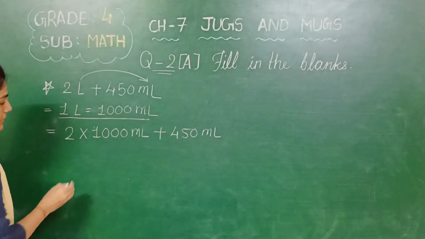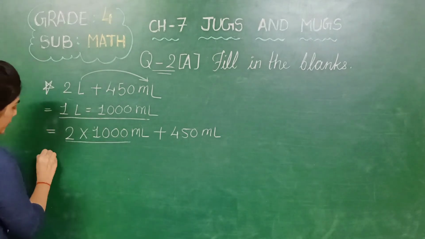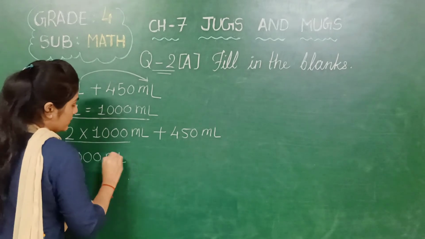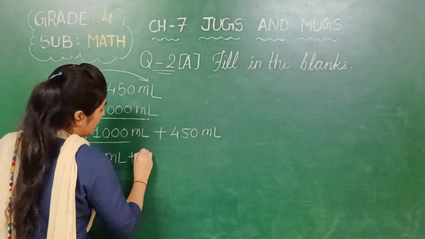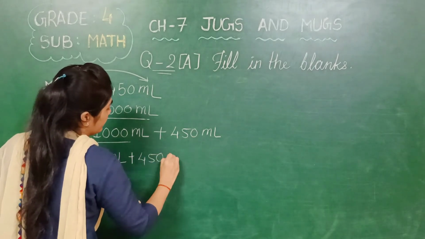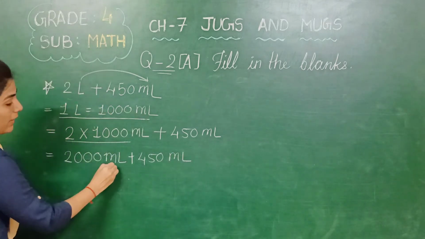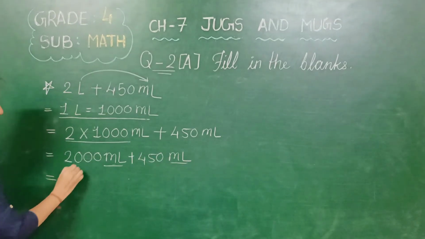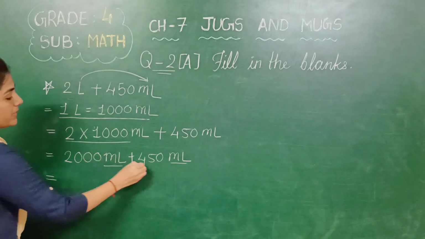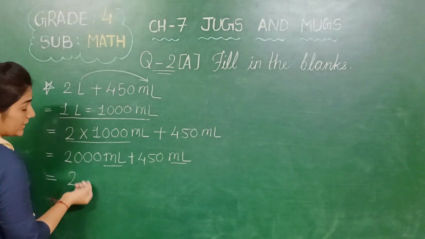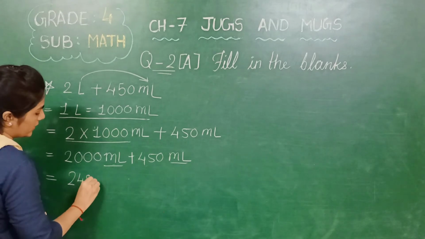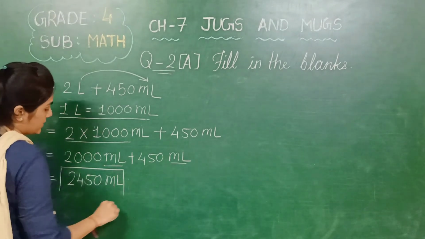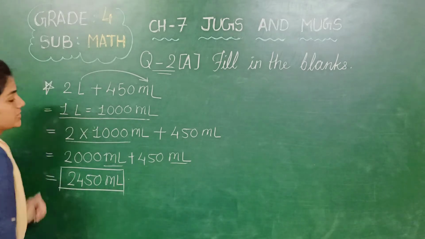Now multiplication you already know. 2 multiply 1000 is 2000 milliliter, plus 450 we copy the same. Now you can check both units are the same, so we can do the addition. 2000 plus 450, you can directly do that: 2450 ml. Likewise, you have to find the answer.